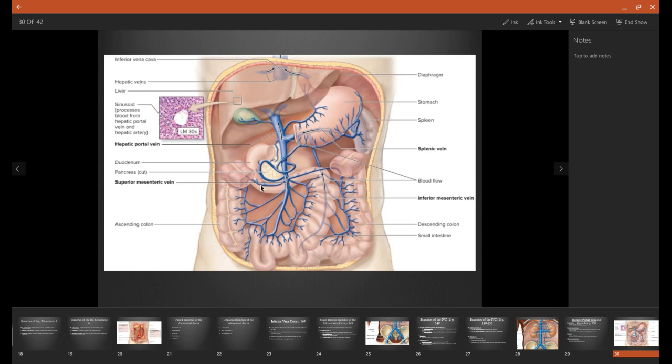So here's our picture here. This big blood vessel going straight into the liver, that is the hepatic portal vein right here. So that's where all the blood's eventually going to lead right into. We have splenic vein starting from the spleen coming all the way over here. We see how it actually meets up right there with superior mesenteric vein.